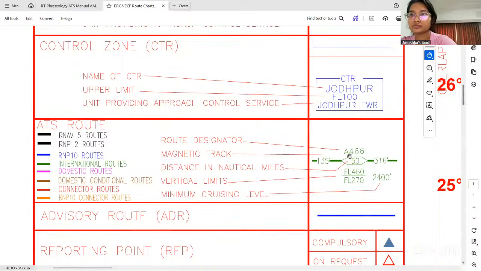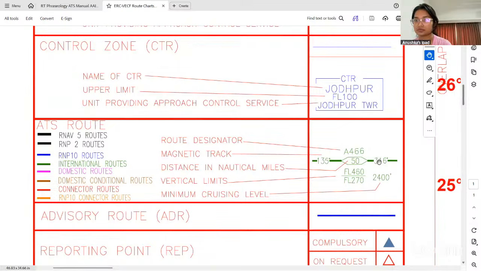And what are the different numbers in the route? Carefully, the name of the route, inside, distance in nautical miles. So if you're in this point, then you know you have traveled this further on the route. It's like that. Okay. Magnetic track. The routes are always given on your magnetic track. Remember this.